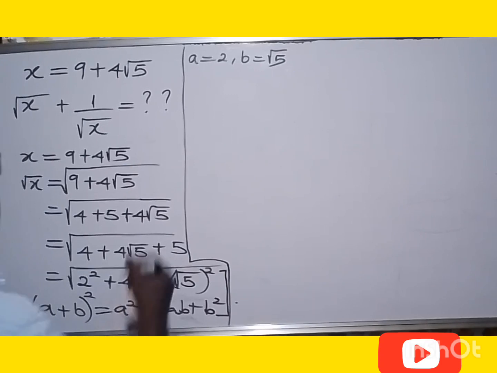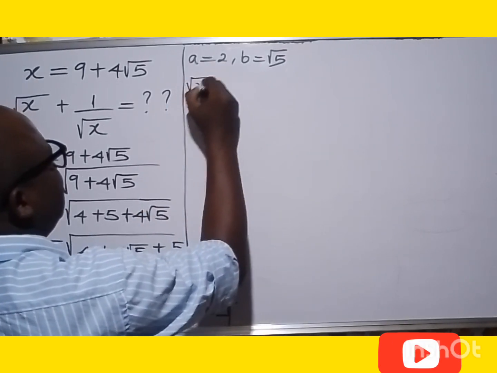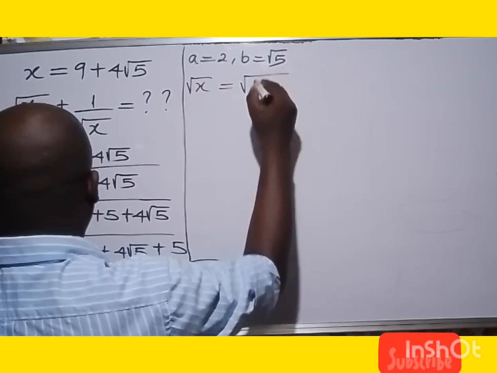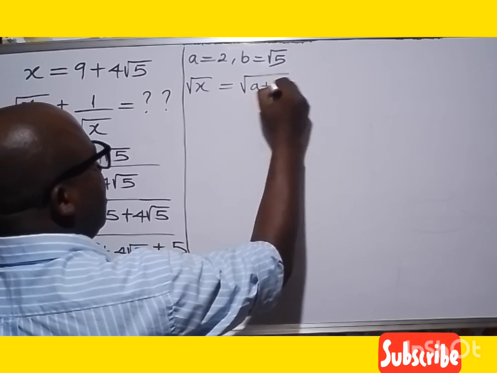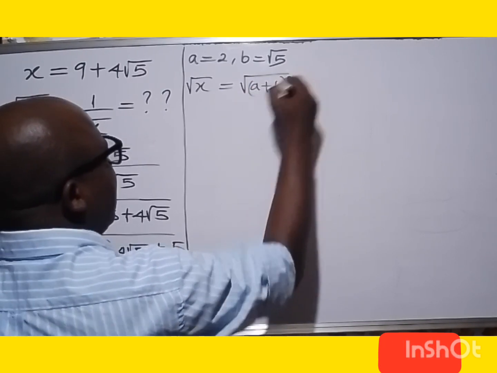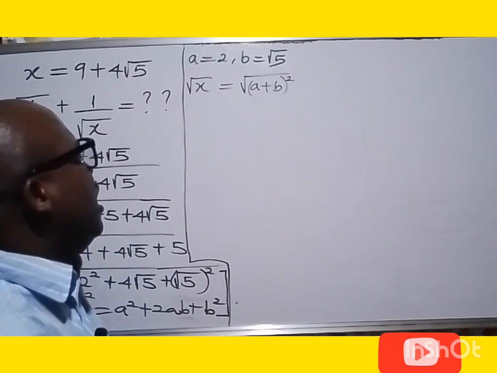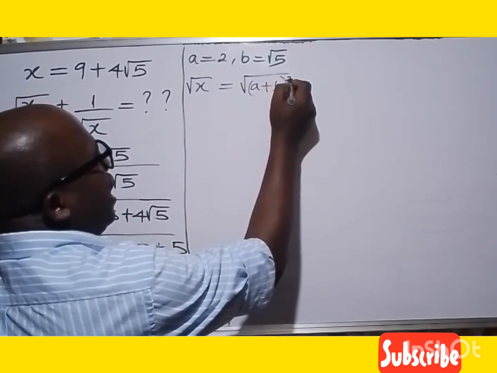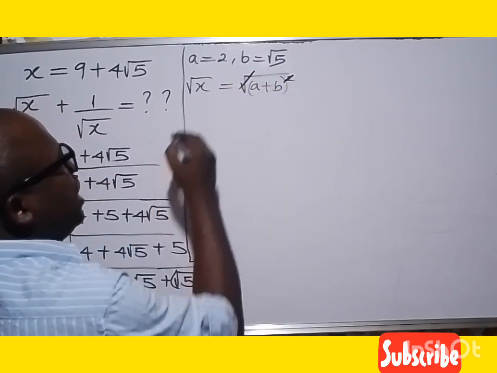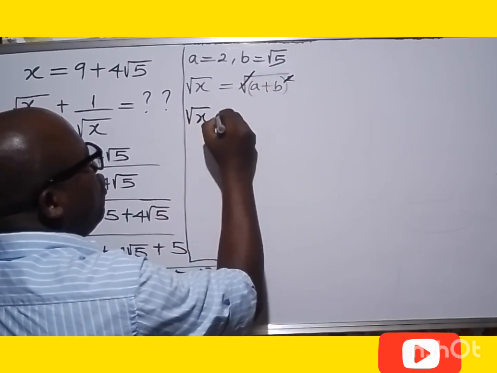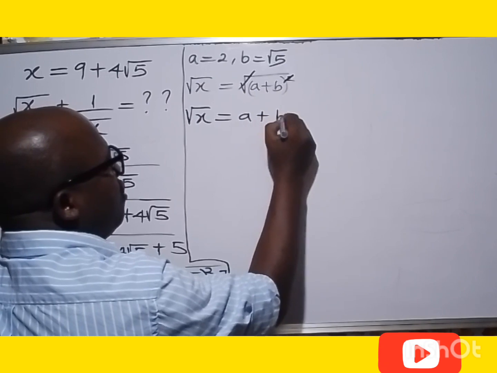What we are now saying in essence is that our root x will be equal to the square root of a plus b all squared. And when you have an equation such as what is here, you will observe that this square will cancel the root sign. That means our root x will be equal to a plus b.